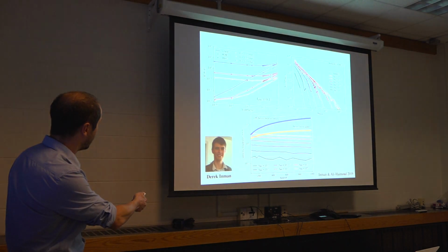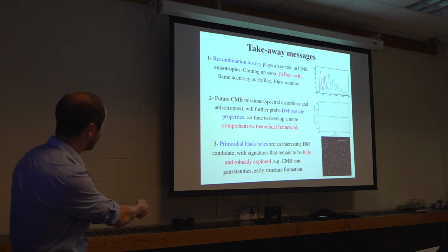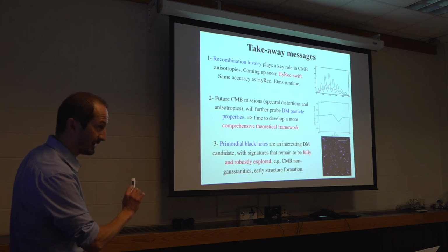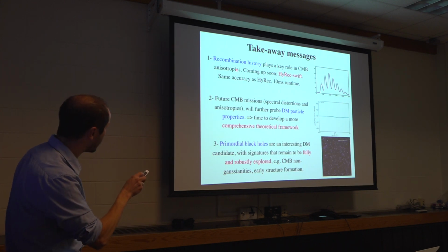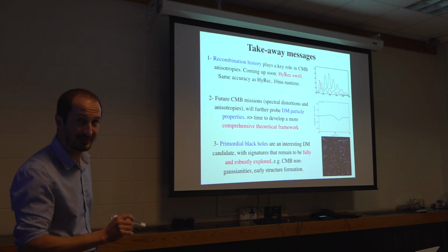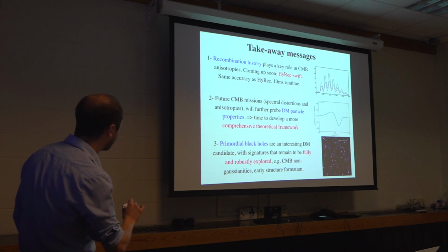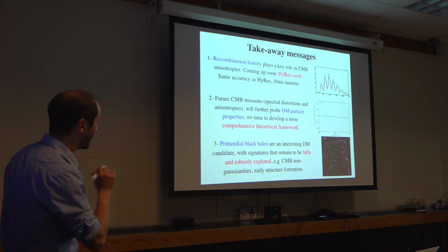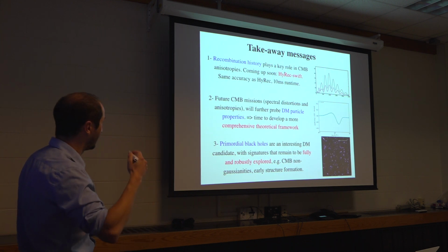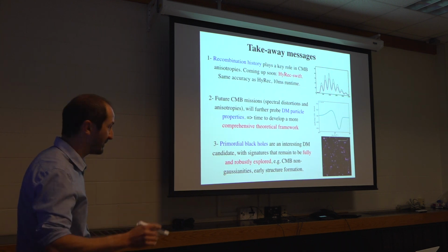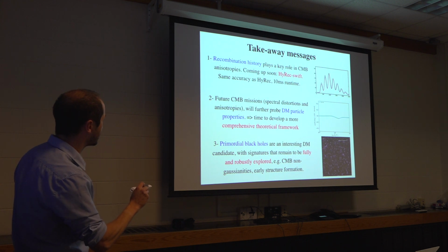I think I have gone over time. This is designed to leave you with my conclusions. So in the first part, I briefly summarized CMB physics. The one takeaway message is that the way that the universe recombined plays a key role in CMB anisotropies, and we're working on a code which will be not only very accurate, but also run in 10 milliseconds and should become the standard for CMB analysis.